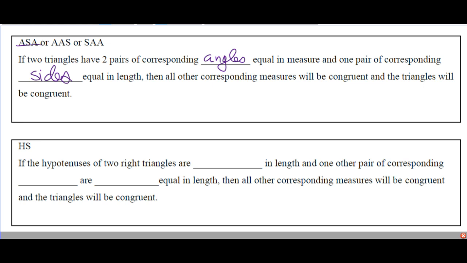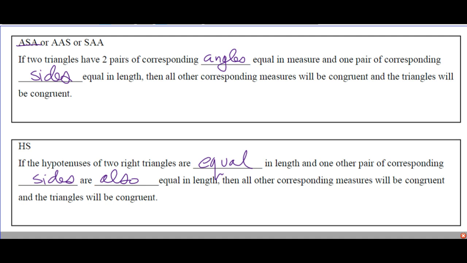And the last one is called hypotenuse side. If the hypotenuses of two right triangles are equal in length, so if we know the hypotenuses are the same, and one other pair of corresponding sides, okay, what's it going to be? Because it's HS, sides are also equal in length, then all the other corresponding measures will be congruent and the triangles will be congruent.